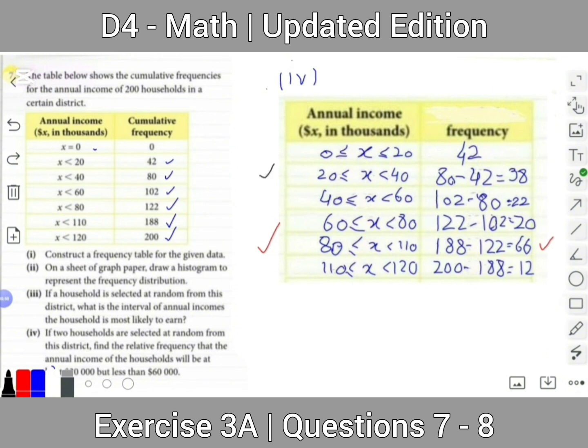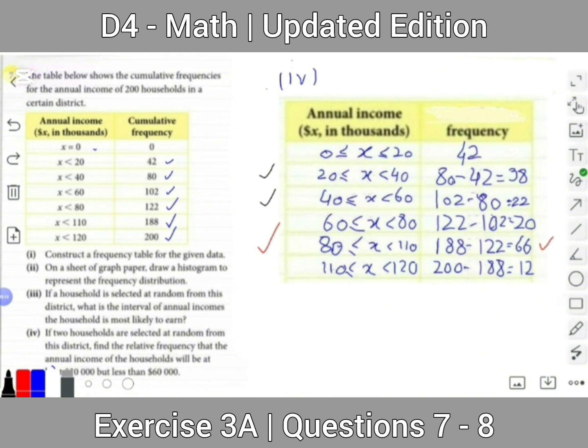So here we have two intervals in the frequency table. The first one is 20 to 40 with a frequency of 38, and the second class interval is from 40 to 60 with the frequency of 22.